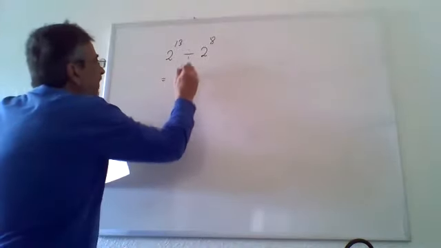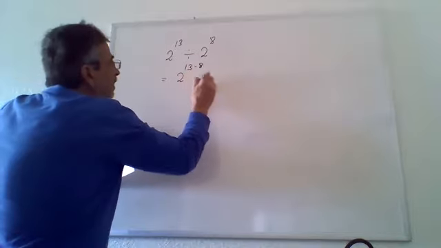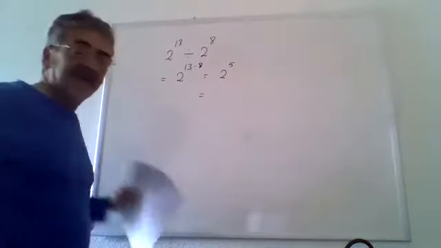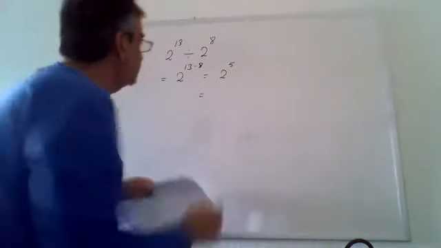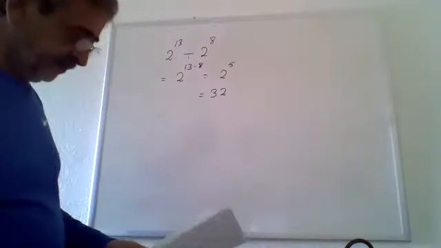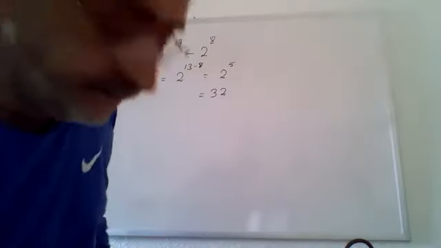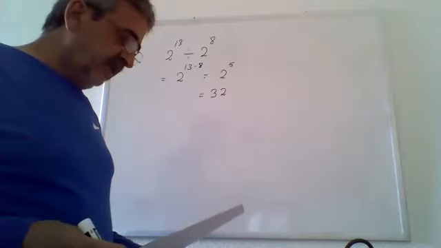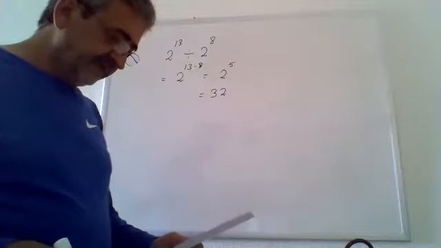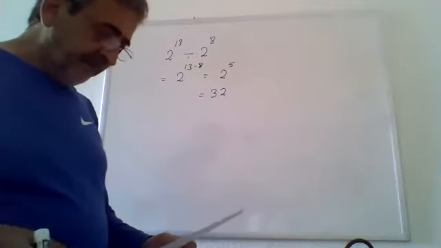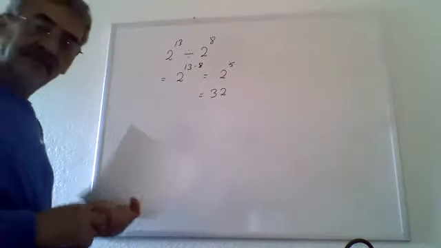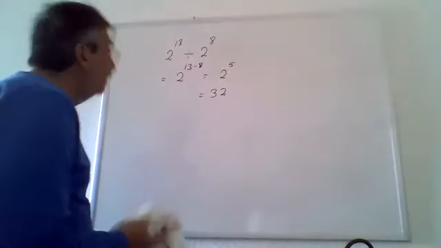It's going to be 2 to the power 13 minus 8, 2 to the power 5, and 2 to the power 5 is, if I take 2 and multiply it by itself 5 times, 32. Yes? So that's also a question on the test. Moving on. Any questions? No, sir. All right, moving on.